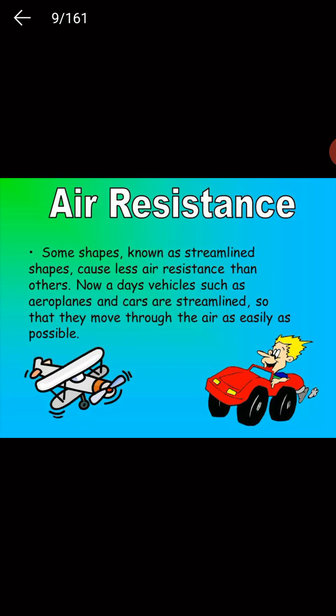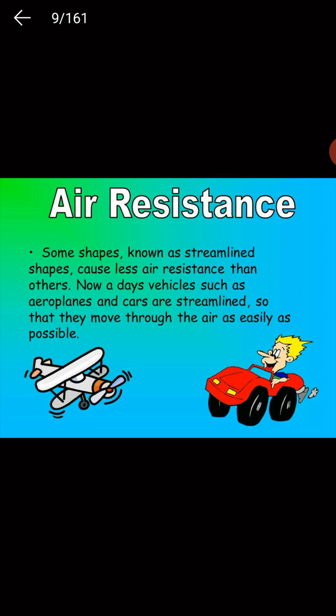Since air resistance opposes the motion of the objects which are moving in the air, there are different ways where we can reduce air resistance. Air resistance cannot be stopped completely because air is everywhere around the objects.